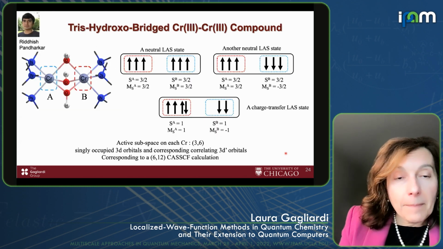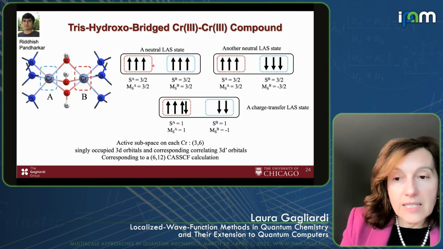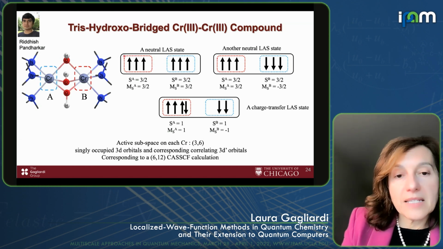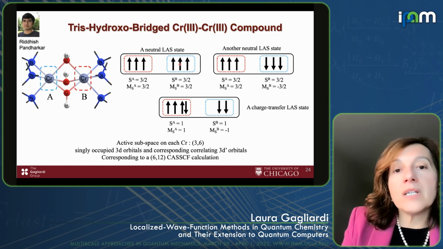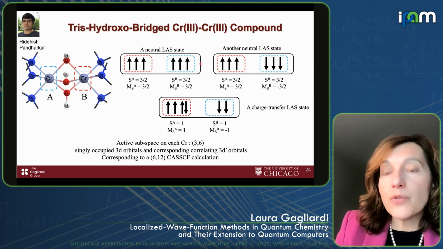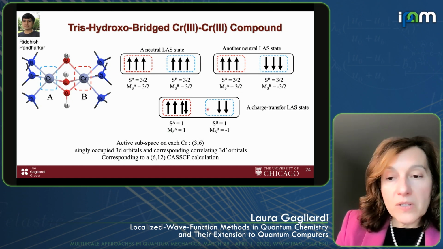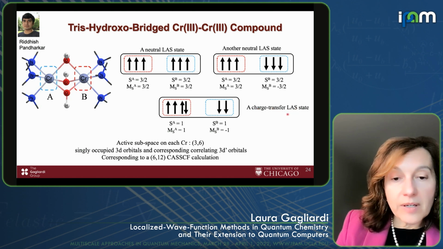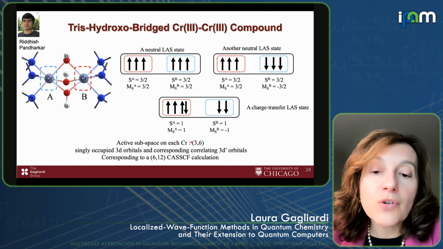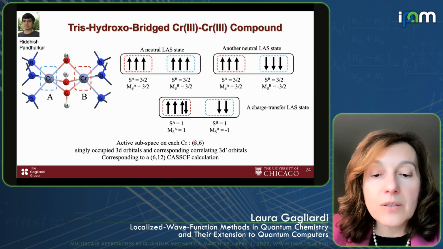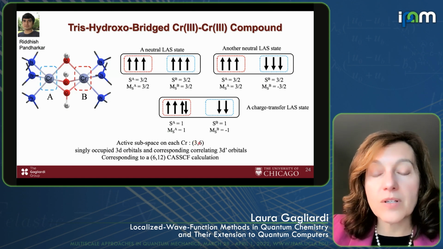So basically, what we can do is start considering some neutral LAS states in which we have these 3 unpaired electrons in each chromium, and they can be coupled in different ways. But we could also consider a charge transfer state. And so let's start by having on each chromium 3 electrons and 6 orbitals.